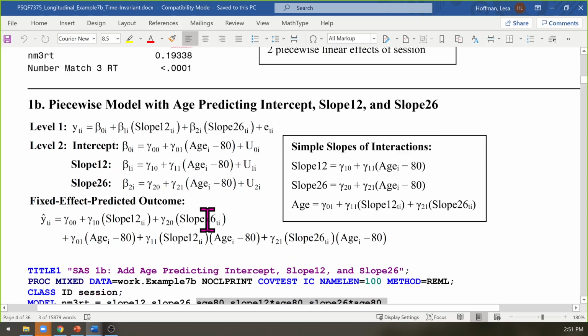Stare at that for a second and tell me if that makes sense. So 3 new effects of one time invariant predictor of age. So we're allowing age to moderate each separate aspect of this growth curve.